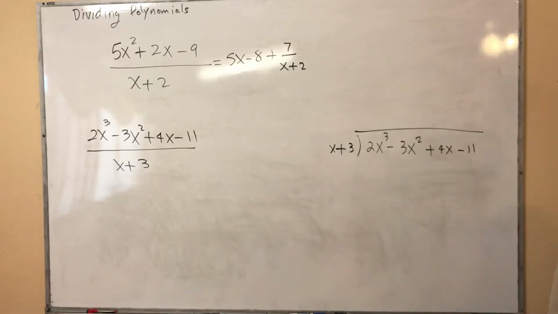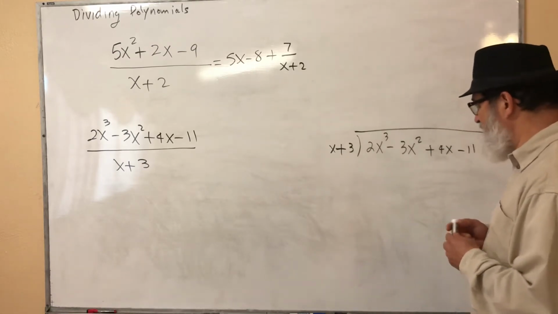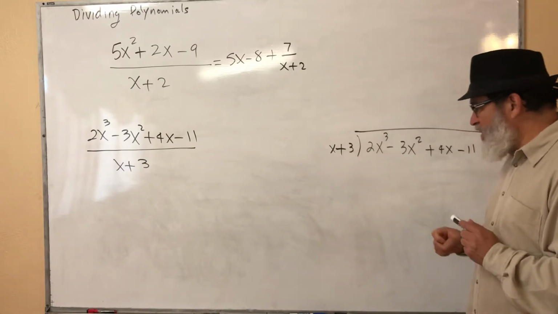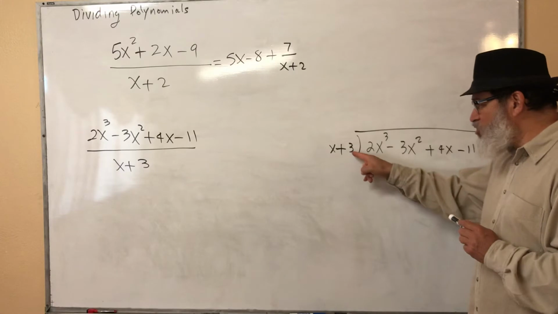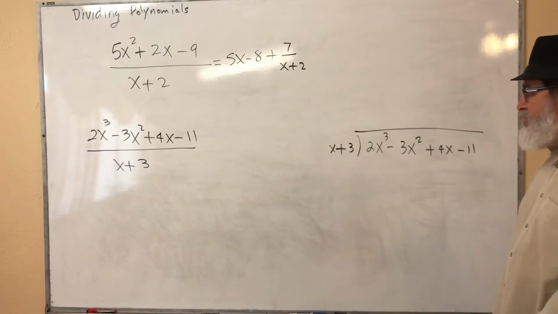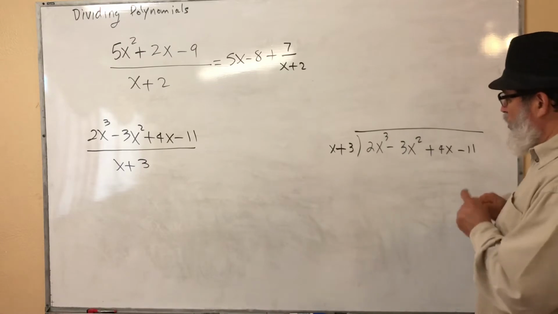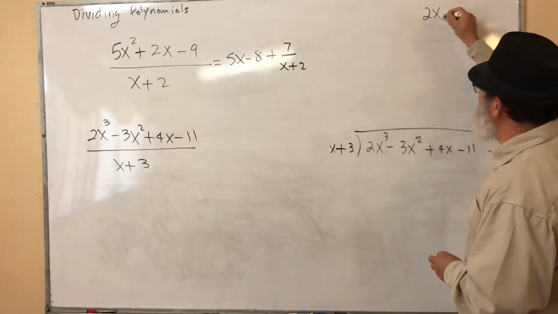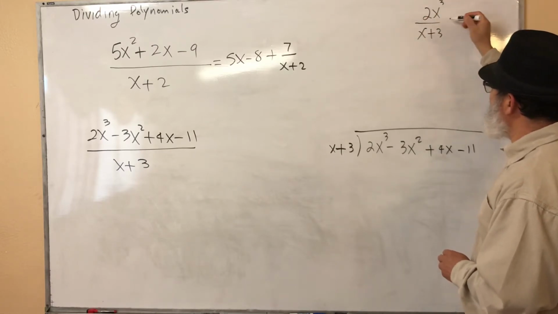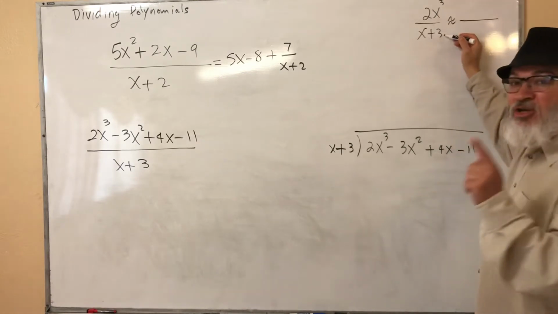And the first step we said is approximate. For the approximation, we take the first term divided by x plus 3, but we can drop the 3. So we're going to approximate this: 2x cubed divided by x plus 3, but for the approximation, let's just drop the 3.